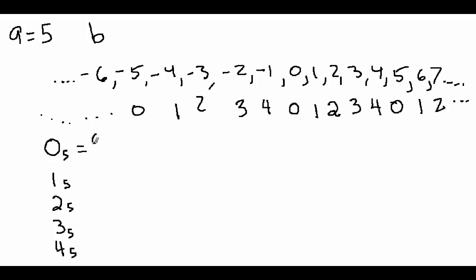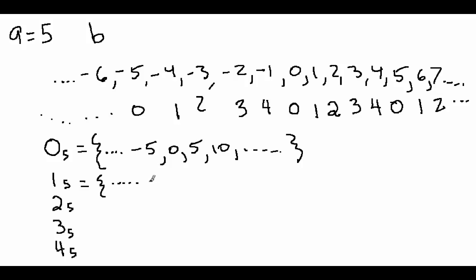And over here, what I want is all of the integers that when I divide them by 5, I get a remainder of 0. Again, these are all infinite sets, but you can see this is going to be minus 5, 0, 5, 10, like that. Over here I'm going to get minus 4, 1, 6, like that.